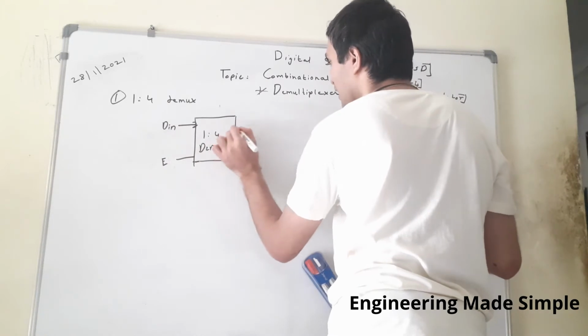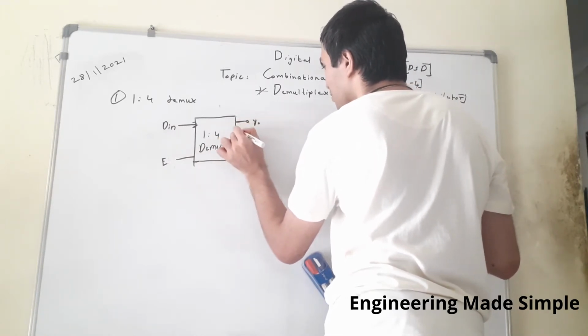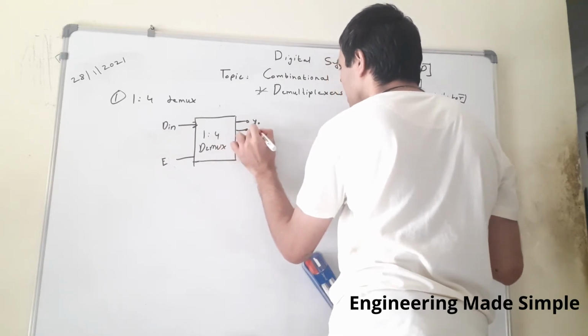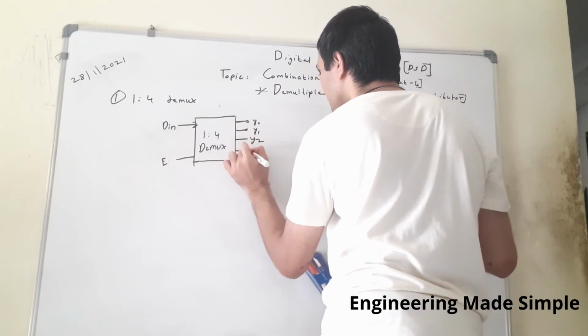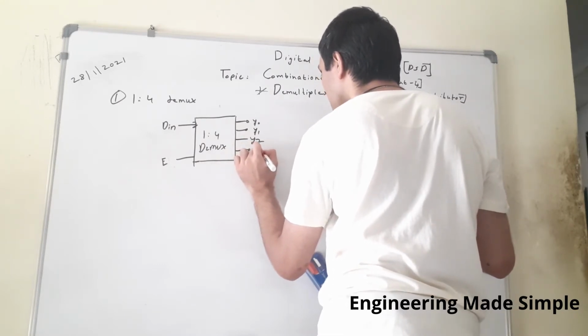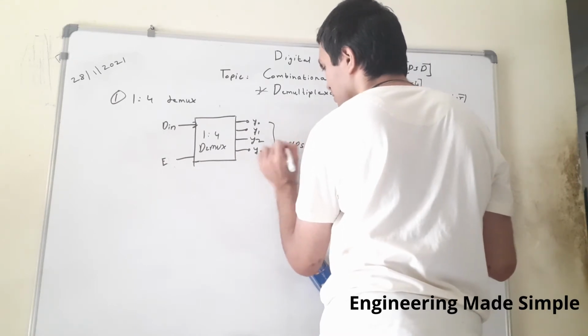And there are 4 outputs. So let us write Y0, Y1, Y2, Y3. So these are the four outputs.